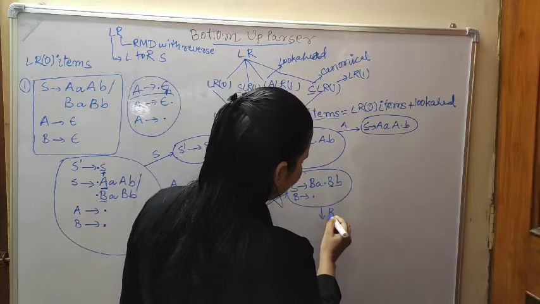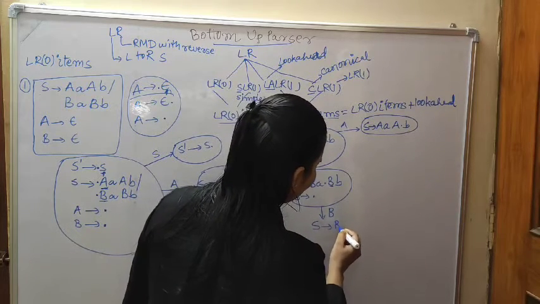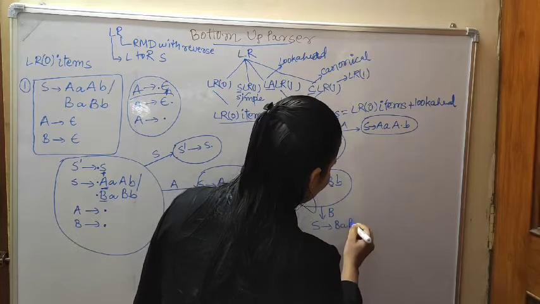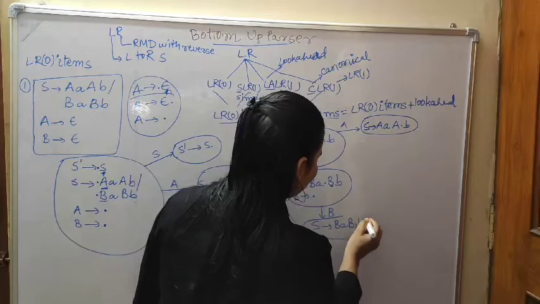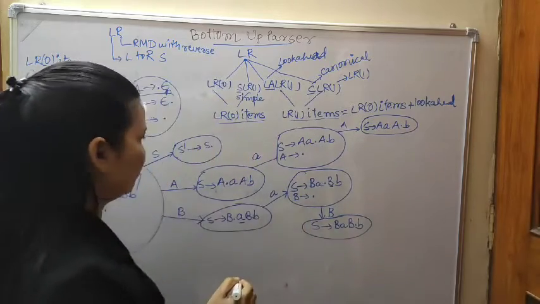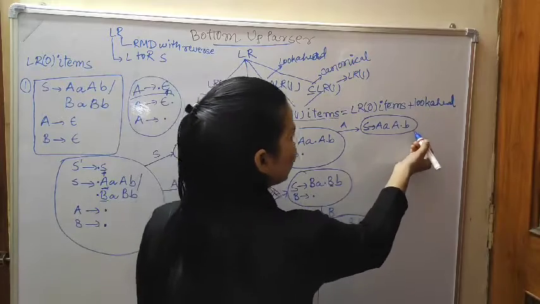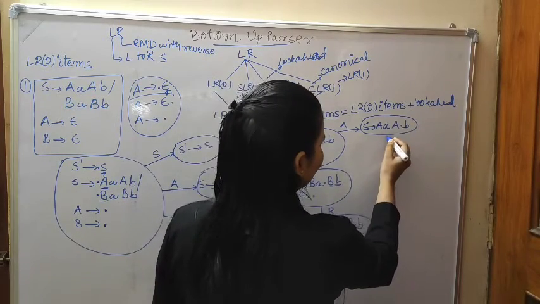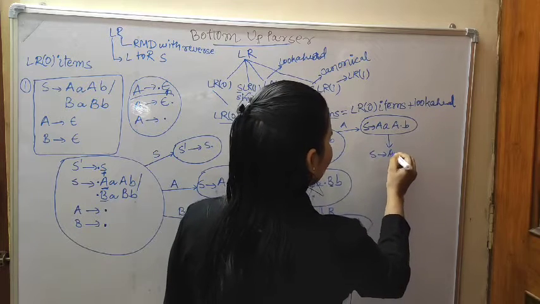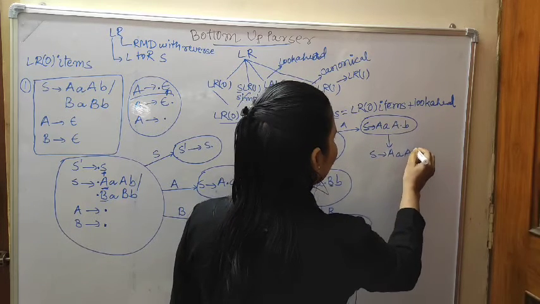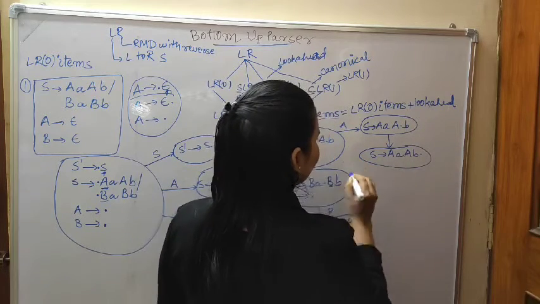Now for B, S2 B A B B. Now we can check it. B is left here, so S2 A B, final. Complete it.